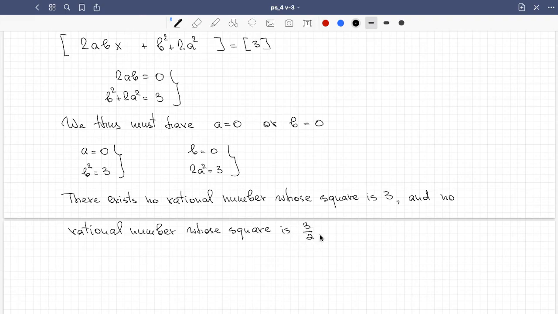We probably know that, or can easily prove that using the fundamental theorem of arithmetic.